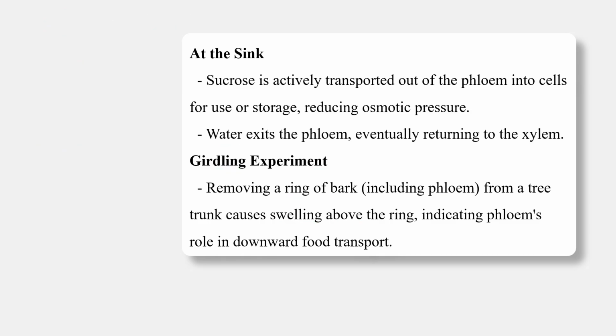Okay, so removing a ring of bark from a tree trunk causes swelling above the ring, indicating the phloem's role in downward food transport. So many times questions are asked related to this particular experiment, and this experiment also shows that phloem is present on the outside and xylem is present inside the plant trunk.